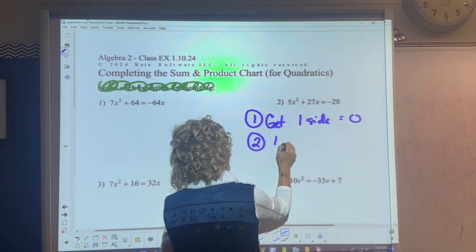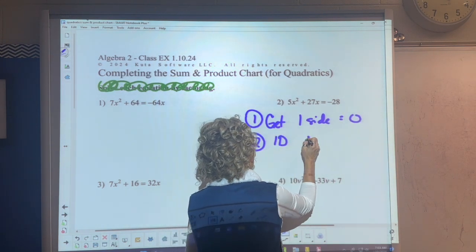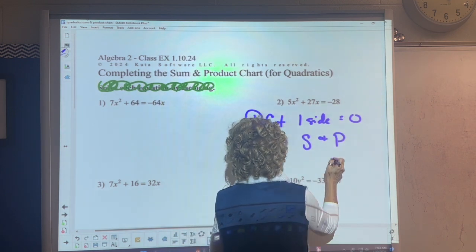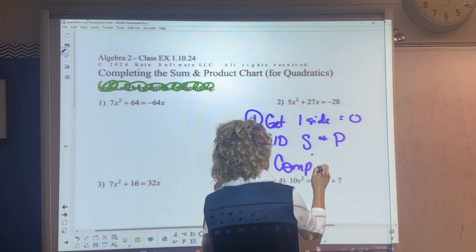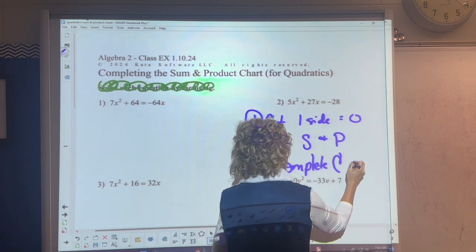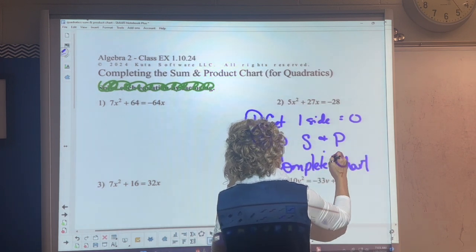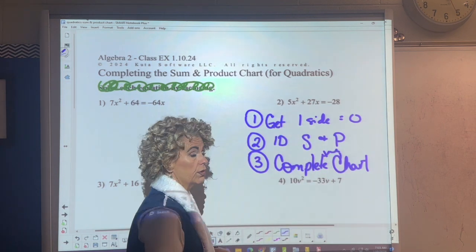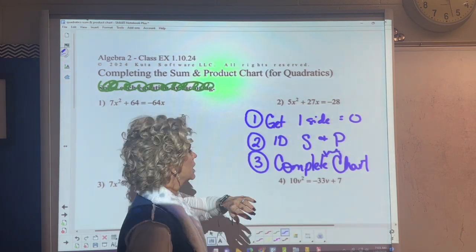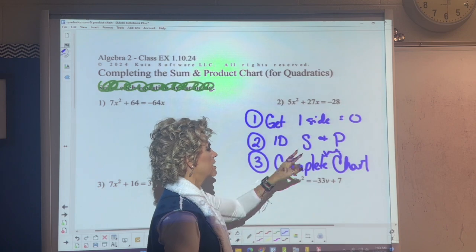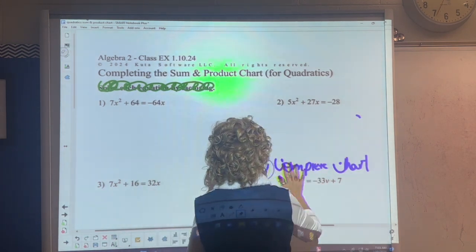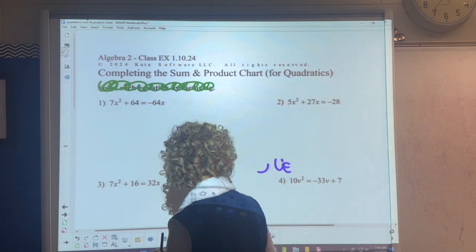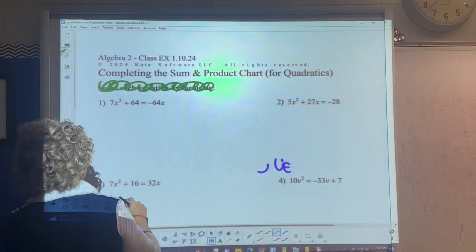Step 2, we're going to identify our sum and our product. Step 3, we will complete the chart. Those are the things in the order that we're going to do. We're going to get one side equal to 0, identify the sum and product, and then complete the chart. That's as far as it's going to go on this aspect of our quadratics.